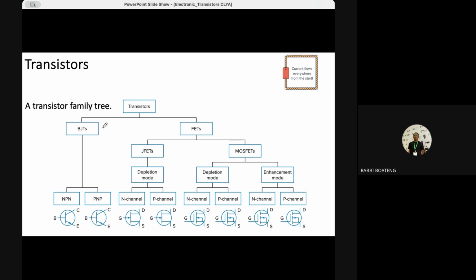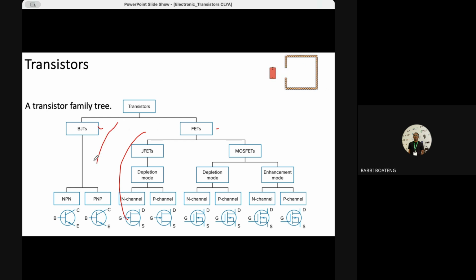And it has a long family. Under the bipolar junction transistors and the field effect, under this we have the NPN, which I'm sure you've heard of before. We have the PNP. Under the field effect, we have numerous of them, a whole lot. Is that okay? We will not be using this tree. The only tree we'll be going through is this end.